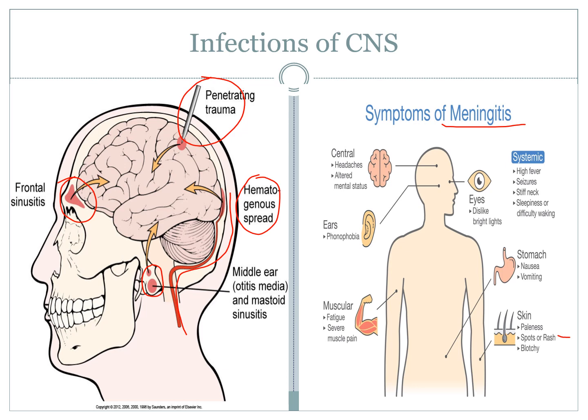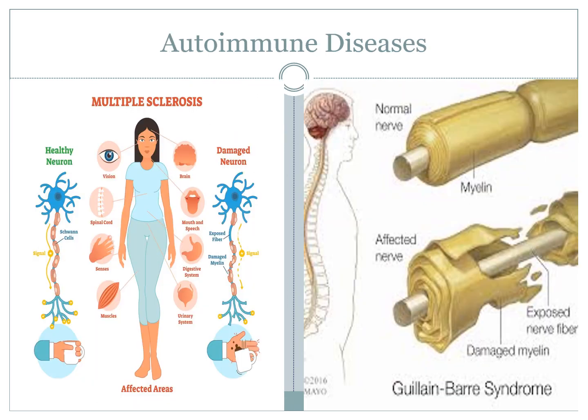Okay, 2 other types of conditions that you can look at associated with the nervous system itself fall under the category of an autoimmune disease. Now, it's a little bit confusing because multiple sclerosis is a chronically progressive demyelination disorder of the central nervous system.